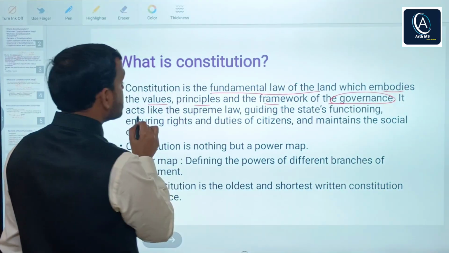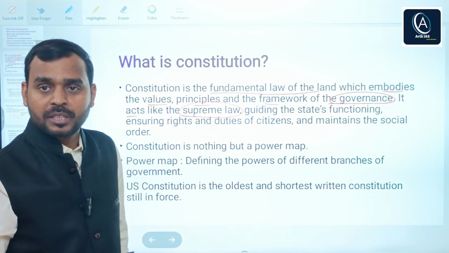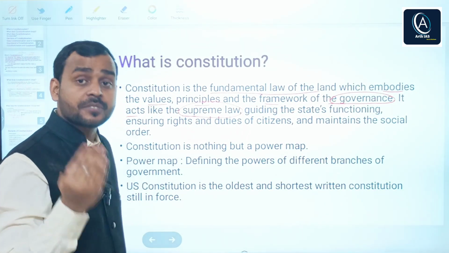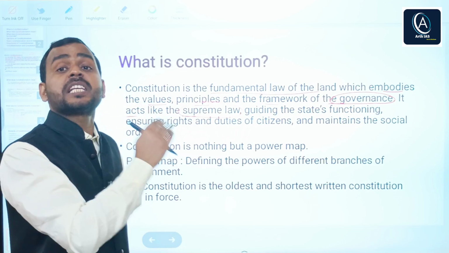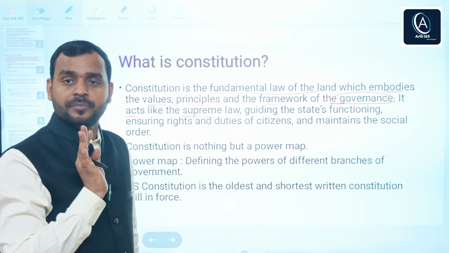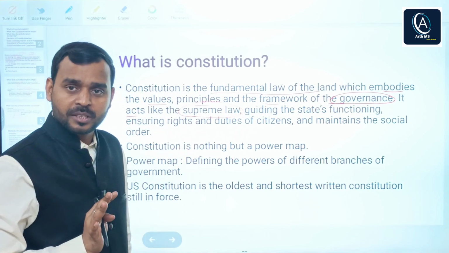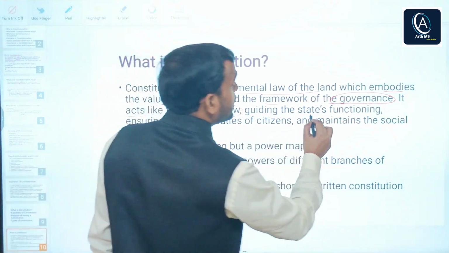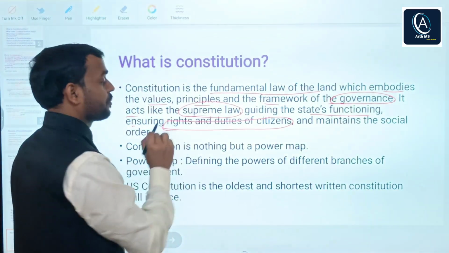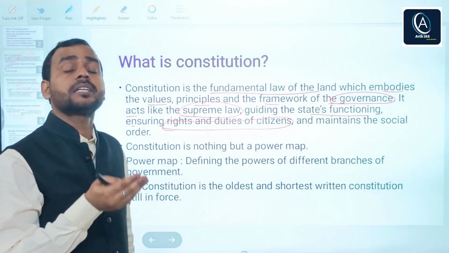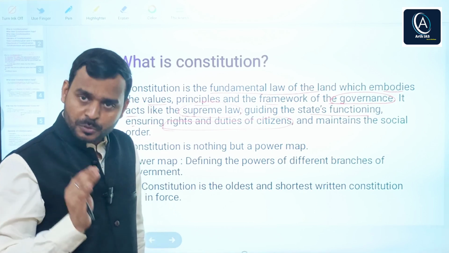It acts like a supreme law, or you can also call it mother law, because all the laws framed in any state or country should be as per the provisions of constitution. It should not go beyond the provisions of constitution. Guiding state's functioning, ensuring rights and duties of citizens. Obviously, you will know that we have certain fundamental rights and certain fundamental duties too.